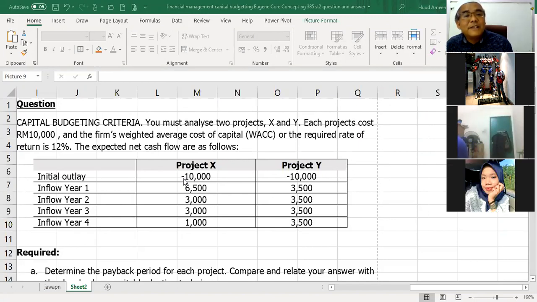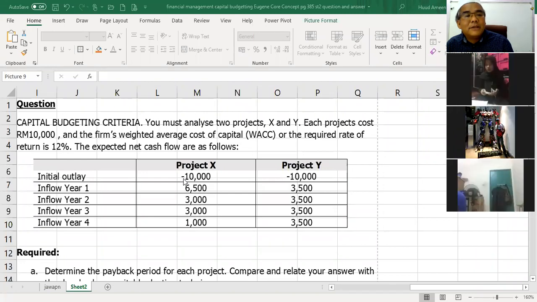Then from year one up to year four, you expect the income inflow, for example sales revenue coming into your investment, whether from project X or project Y in another place.